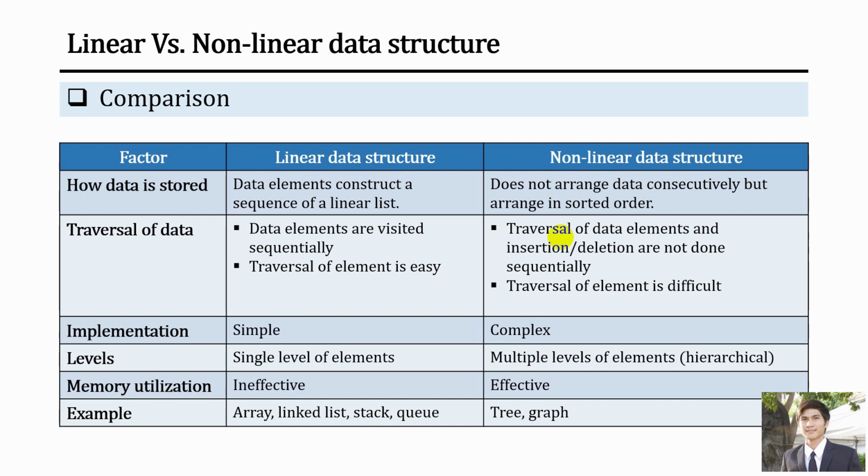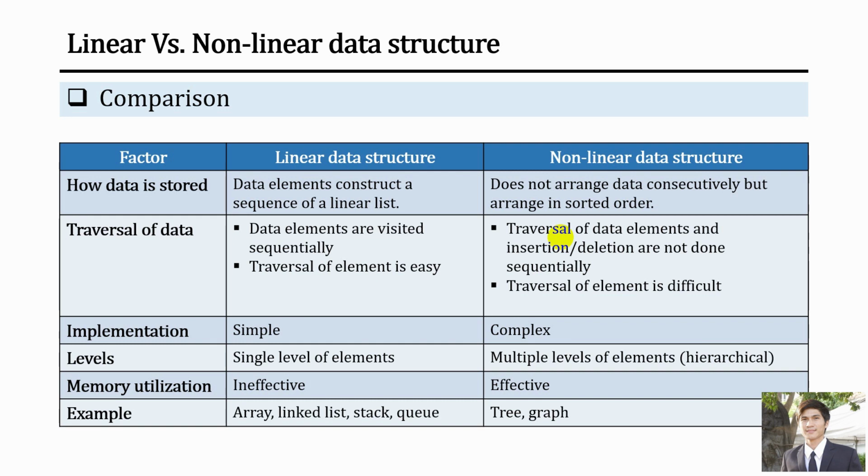Talking about implementation, of course, the linear data structure is quite simple compared to the non-linear data structure. Linear data structures use only one level to store the information, and we have multi-level elements, in a hierarchical format, in the non-linear data structure.